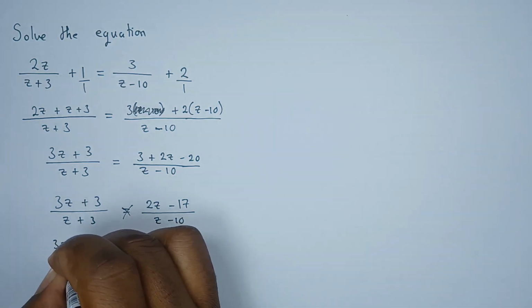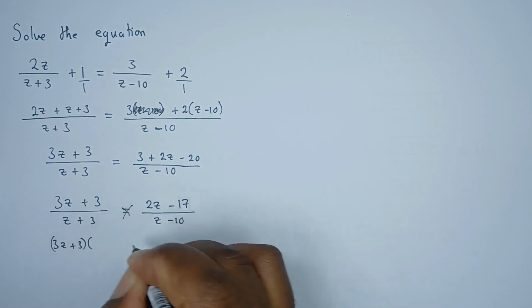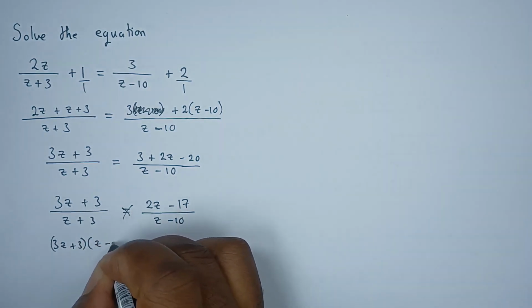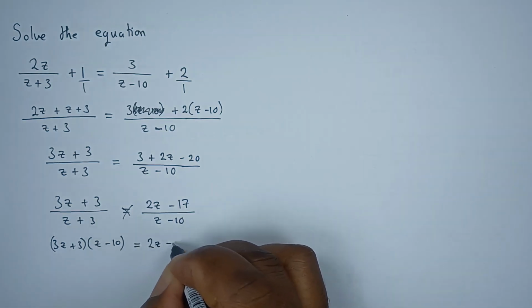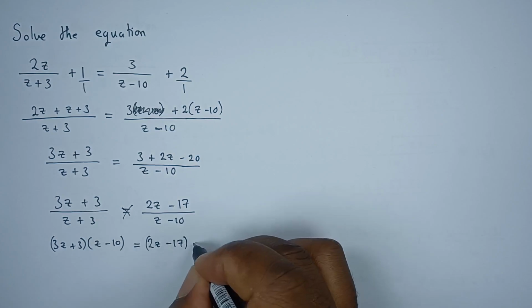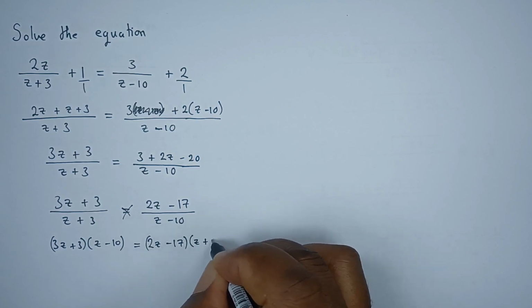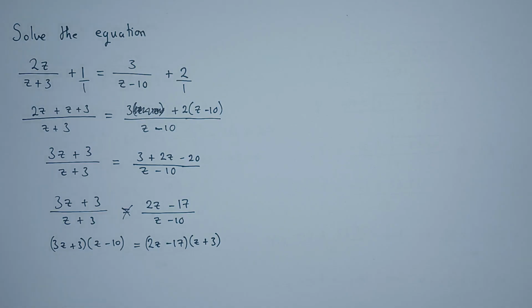So 3z plus 3 multiplies with z minus 10, giving us 2z minus 17 multiplying with z plus 3, like that. So if that's the case now, let's expand.